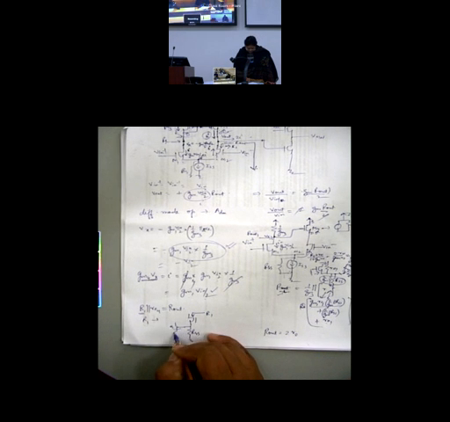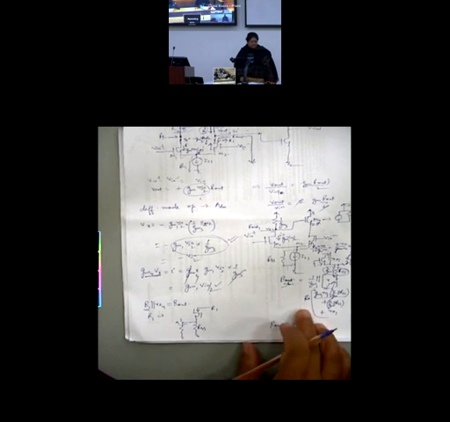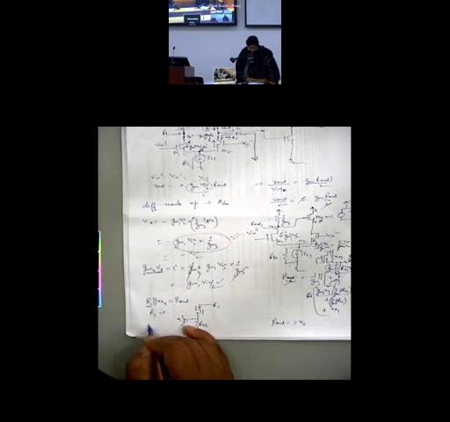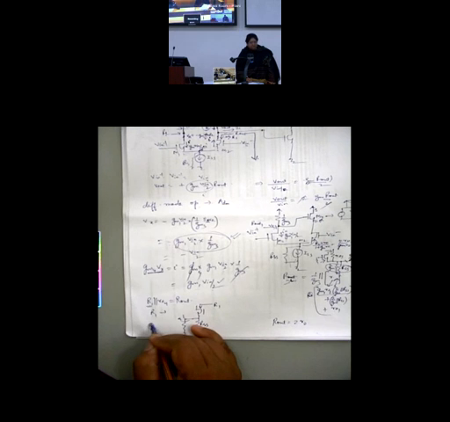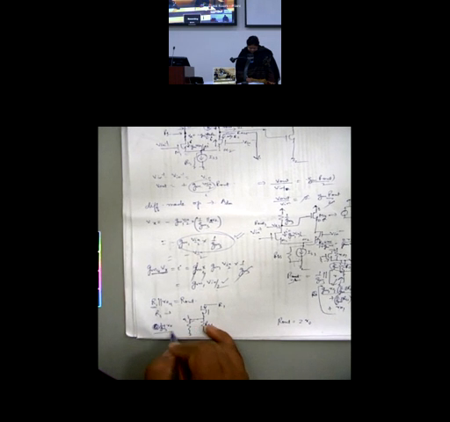So Rin now comes out to be, can I write a single resistance? I can immediately find out the result. This is RL. RL will be 1 by GM3. So 1 by GM3 plus RO divided by 1 plus GM2 RO, or GM1 RO.